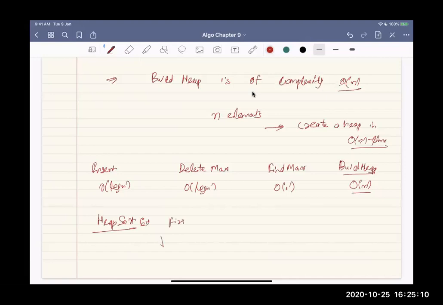So first we build a heap from the array. And then we keep on deleting the max element from the array. And delete means you will output it somewhere.